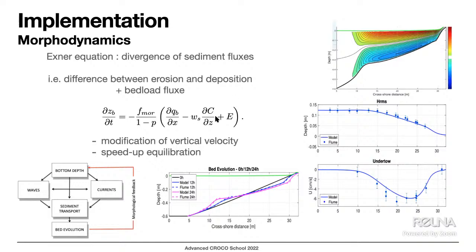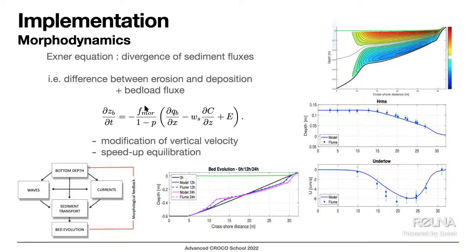So here it's erosion and deposition, so it's a variation of the bottom. And just for the record, this implies that we have a vertical velocity at the bottom, but it's transparent for users. And we have these factors which can be used to speed up the morphological evolution. For instance, imagine you want to simulate an evolution over 100 years for a beach.